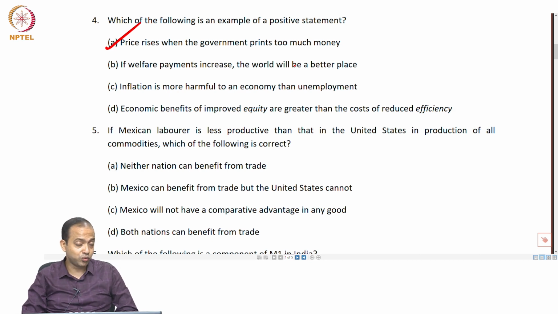But if you recall, in one of our examples, we learned that even if a particular country has absolute advantage in both the products, it is still possible that they have comparative advantage.